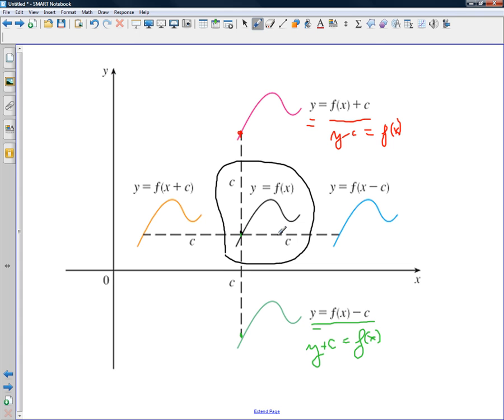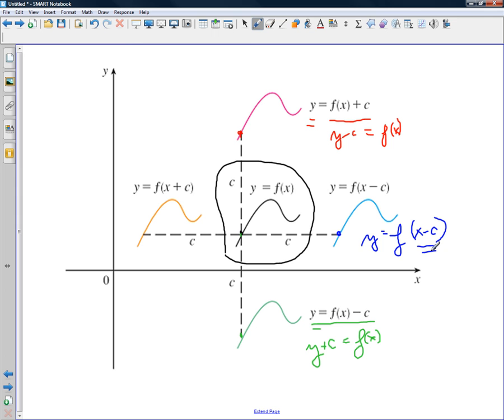And I think that is maybe helpful when we start looking at moving left and right. And notice now that the plus c and the minus c, in this case the minus c, is trapped inside the parentheses. It's paired with x. So now the operation is a horizontal movement. It happens to be take this point and move to the right exactly c units.